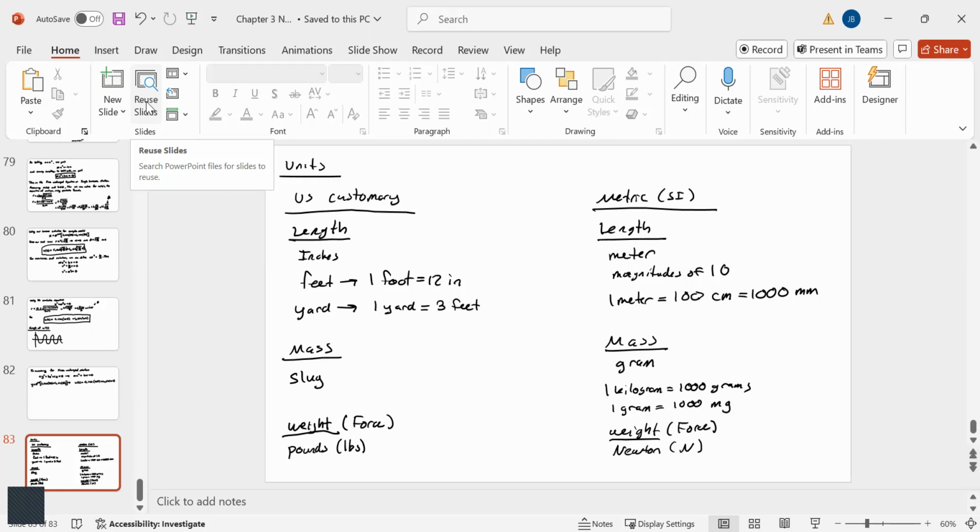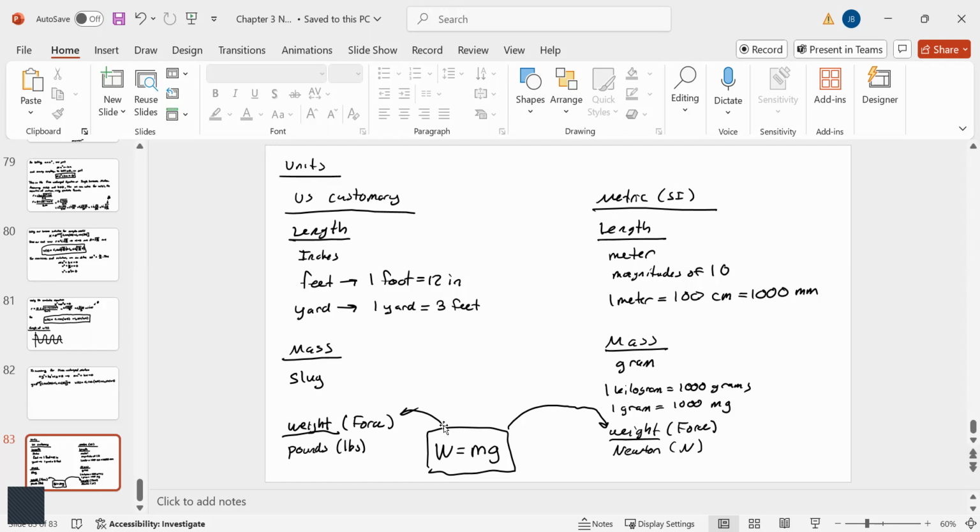And the way we do that, weight is equal to mass times gravity. That's the key equation. Weight is equal to mass times gravity. And gravity is 32 for US customary, and it's 9.8 for SI. So there will be problems where you have to do that. But also, this relationship allows you to convert weight into mass, which is weight divided by gravity, right? So there's a difference between the two, but they come from the same equation.